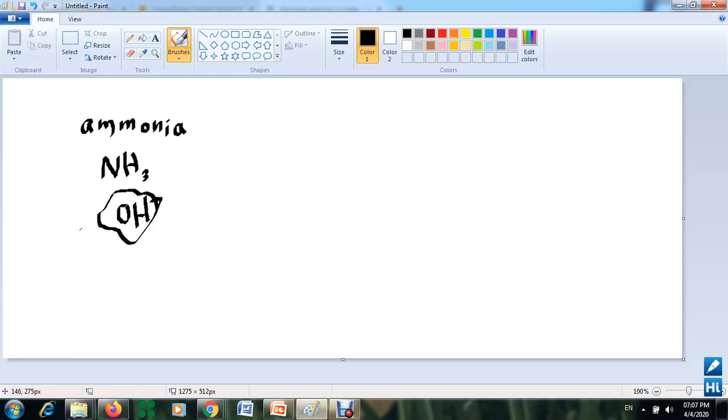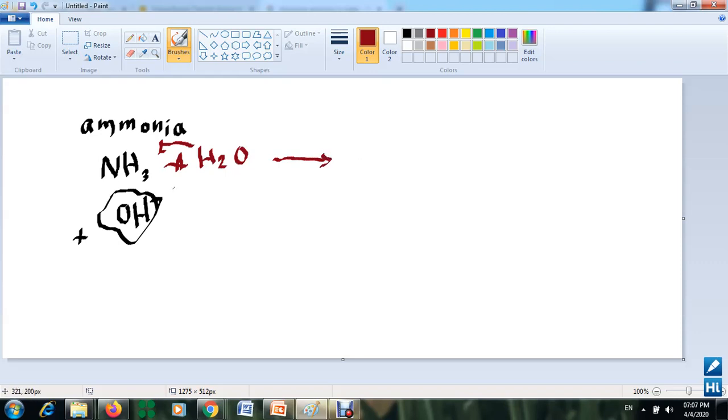How is it a base? How will it increase the number of hydroxide ions? Actually, some bases like ammonia don't have a hydroxide ion. When you dissolve them in water, they have the ability to take the hydrogen ion from water. So they will take this hydrogen from water and form hydroxide ion.